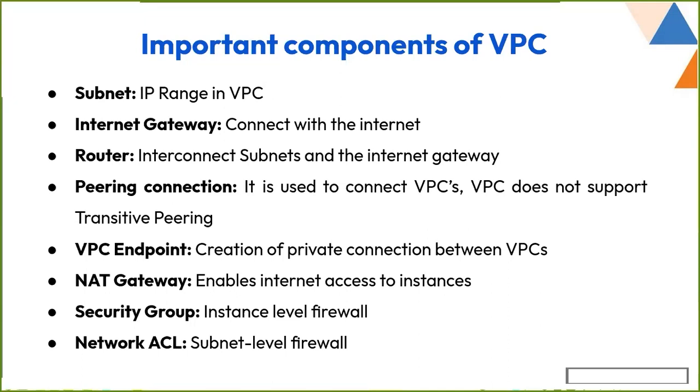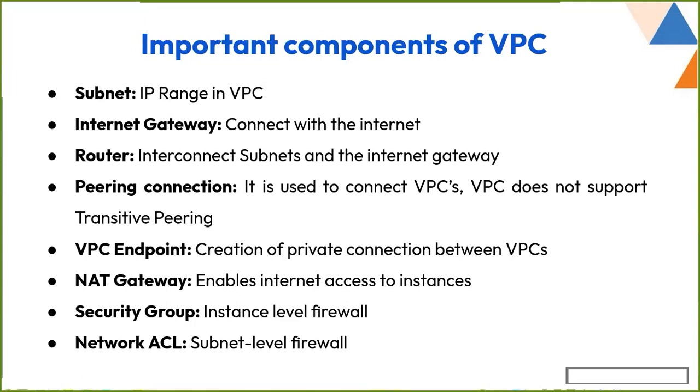A NAT gateway is also used to connect instances which are present in private subnets to services which reside outside of the VPC. They can communicate, but the services which reside outside cannot communicate to the instances which reside in the VPC.